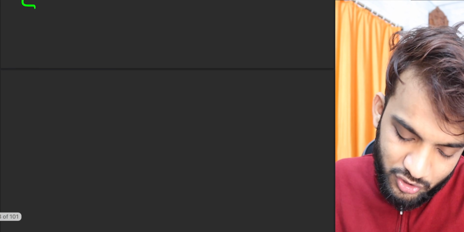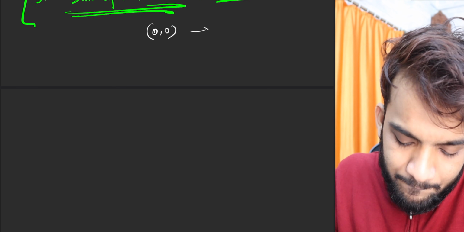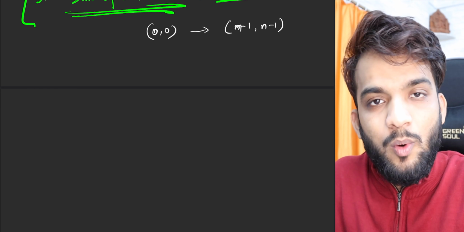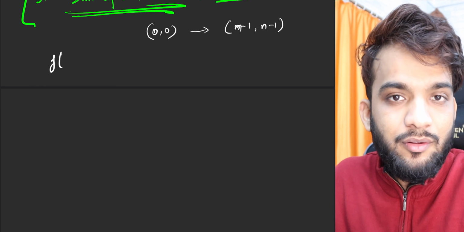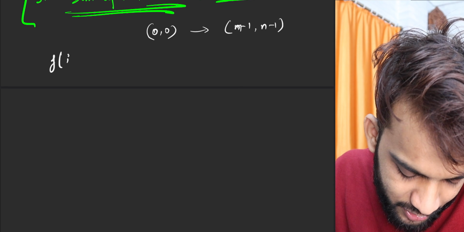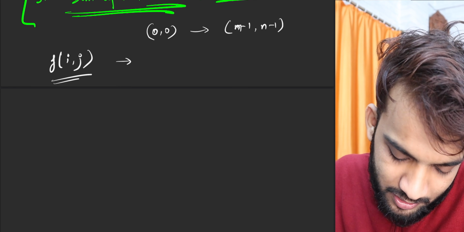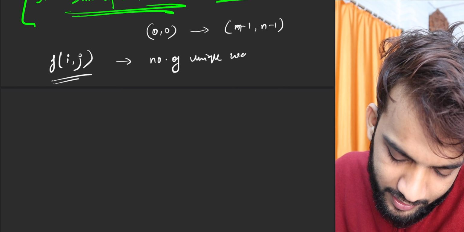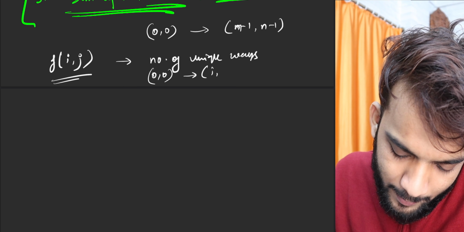So let's get started. So what was the question? The question was stating how many ways are there in order to reach from 0 0 to m minus 1 n minus 1. That was the question, correct? So can I say, let's assume I write a recurrence f of i j, where it tells me the number of unique ways in which I can reach from 0 0 to i comma j.